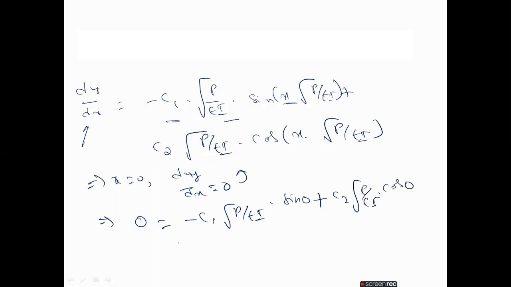Sin 0 is nothing but 0, and cos 0 is 1. So 0 equals c2 √(P/EI) into 1. So finally we get c2 √(P/EI) equals 0.